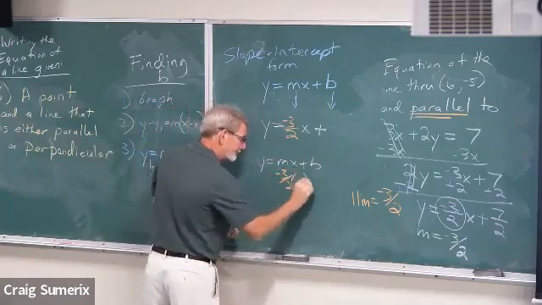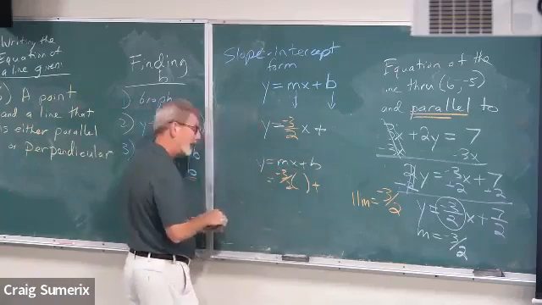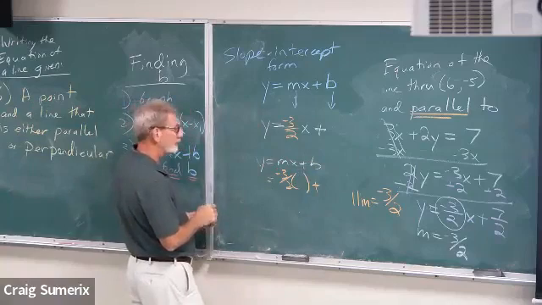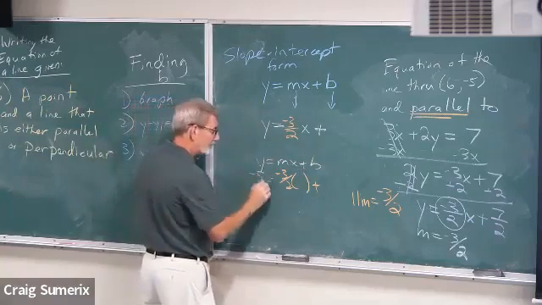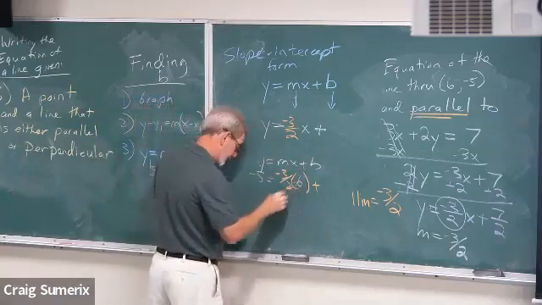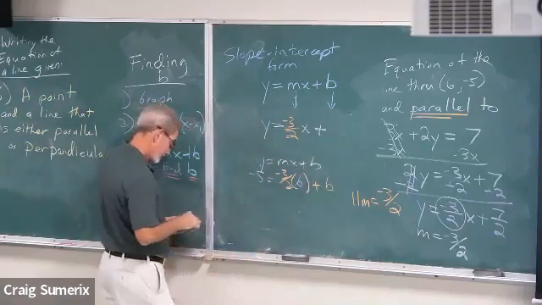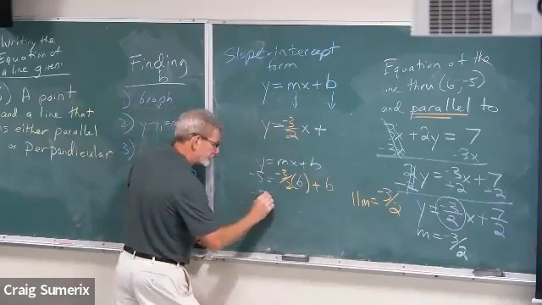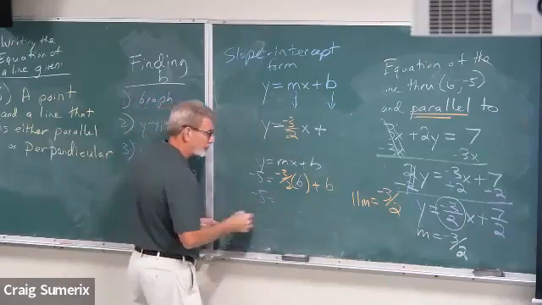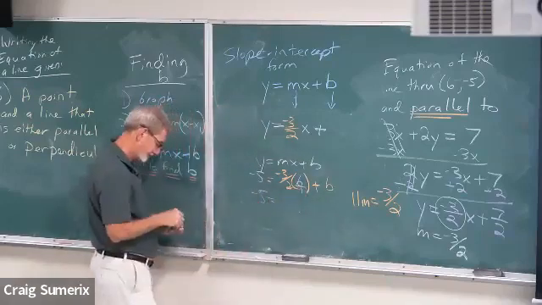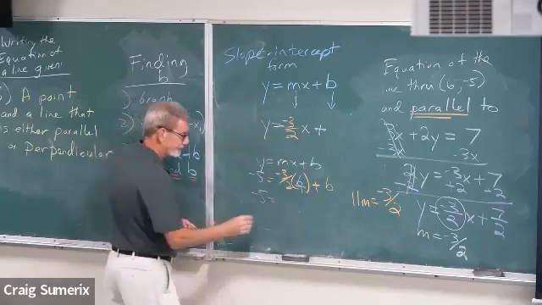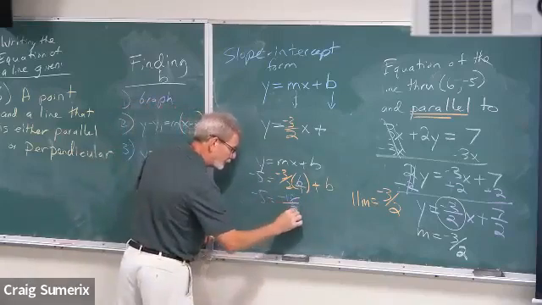-3/2 is m. My y value is -5. The x value is 6. What's -3/2 times 6/1? -18/2.